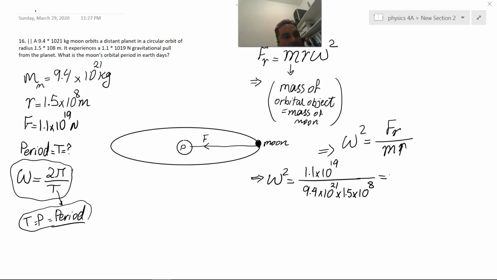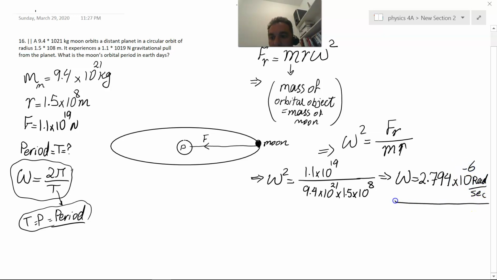Yeah. Then take the square root. I find omega is 2.794 times 10 to negative 6 radians per second. This is omega.